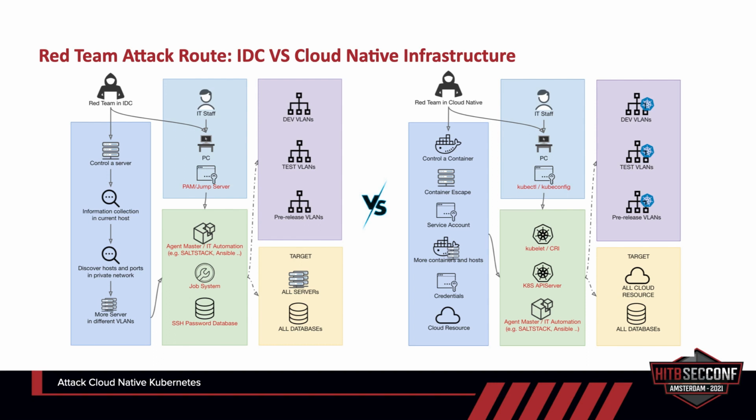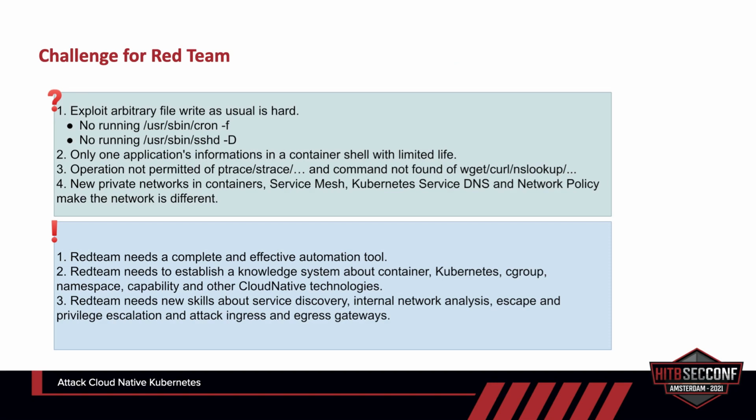Of course, with the rise of DevOps technology, red teams can attack the internal DevOps platform to get their job done. These changes also brought new challenges to the red team. Before, arbitrary file write with high permissions was almost equivalent to RCE on Linux, but this is no longer the case in containers. The information, lifecycle, and permissions of the container shell are extremely limited.